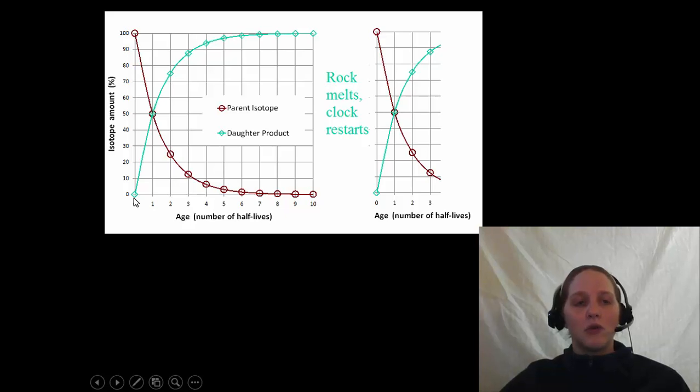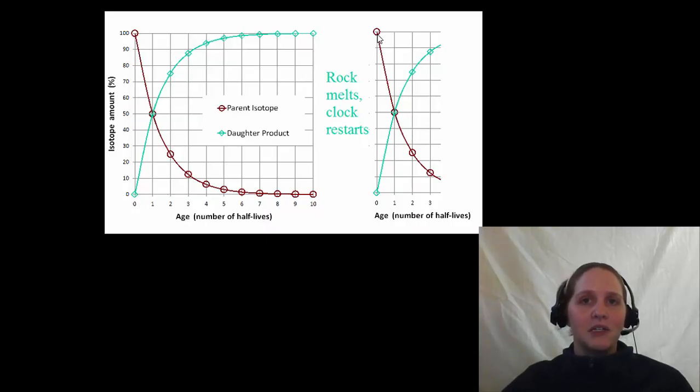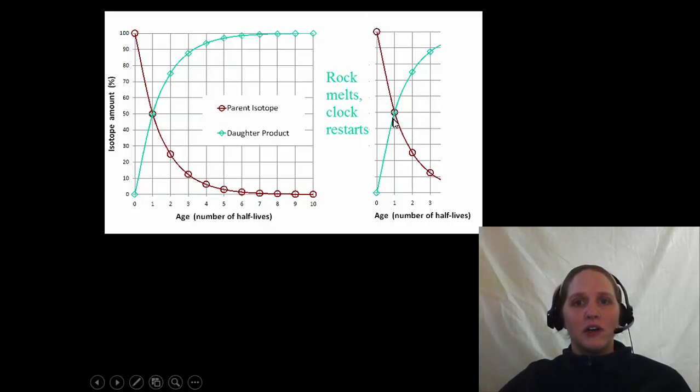It tells you the time since the rock was formed. If the rock melts, the clock restarts, right? Because you're only going to start off with the solid radioactive material because all of the other argon has escaped as a gas, and you restart the clock.